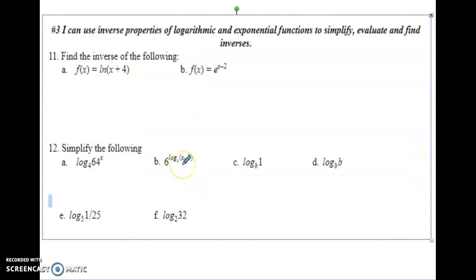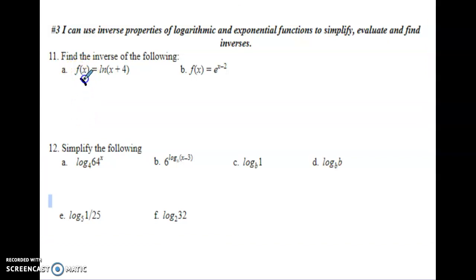Okay, so now we're going to find the inverses. And how we do that is we first replace the y and the x. So this is y, so I'm going to replace it with x equals the natural log of y plus 4. And now I'm trying to get that y alone. So first thing I would do is to get rid of the ln.